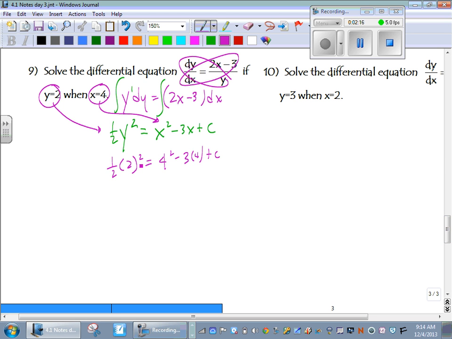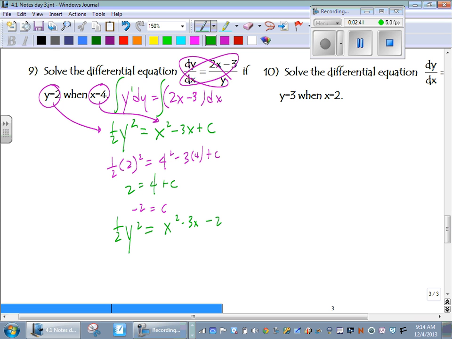So 1/2 times 2 squared, we're just going to get 2 equals 16 minus 12, that's 4 plus c. So c is negative 2. So our equation that we have so far is 1/2 y squared equals x squared minus 3x minus 2.